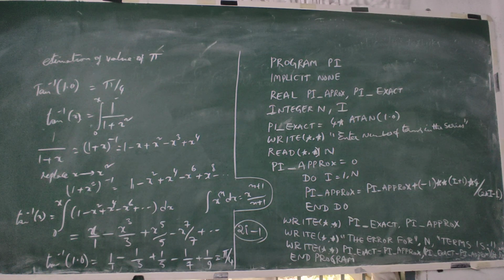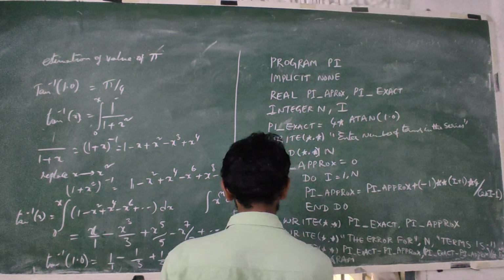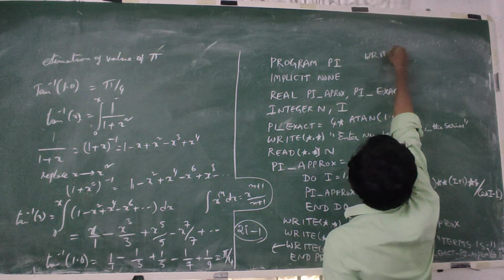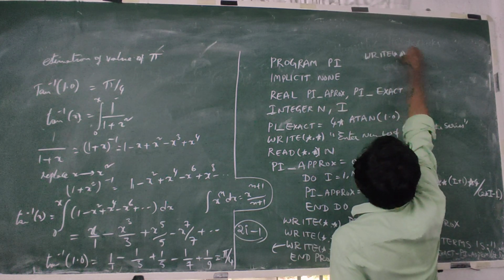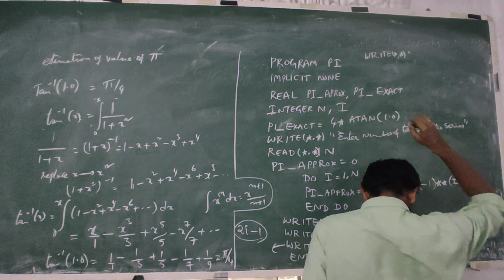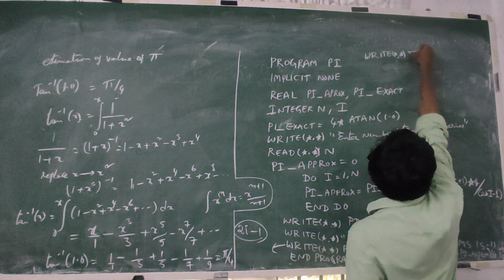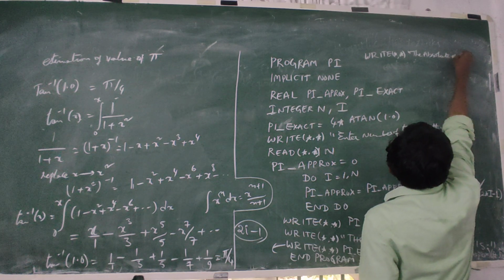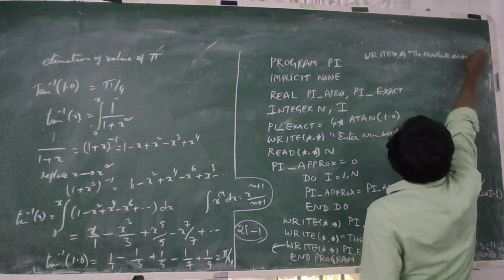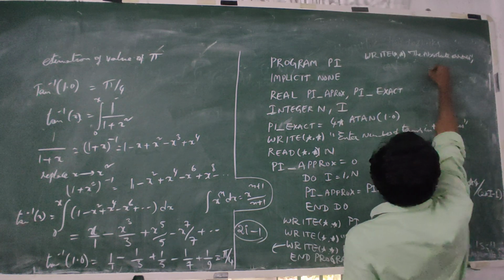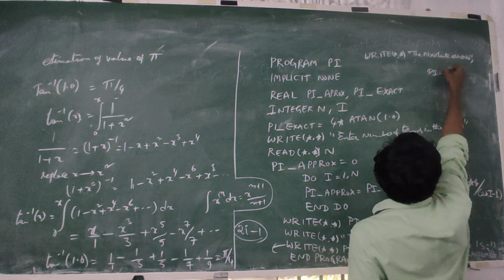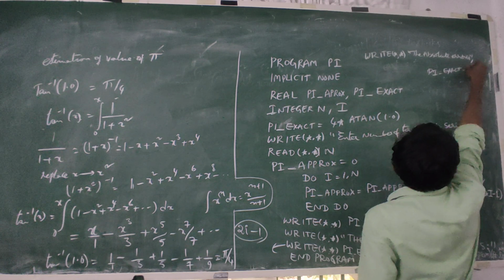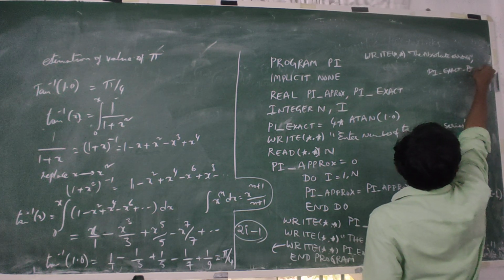So if you want to write them separately instead of this, absolute error is, comma, pi exact minus pi approx.